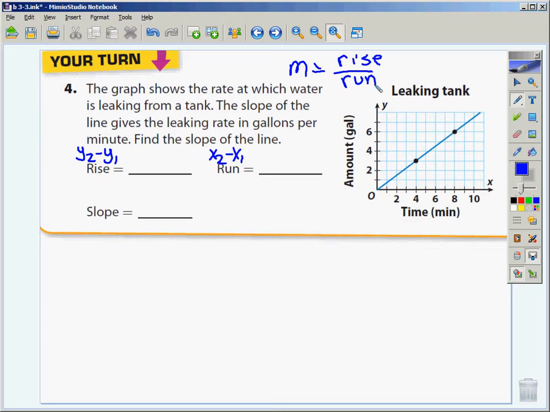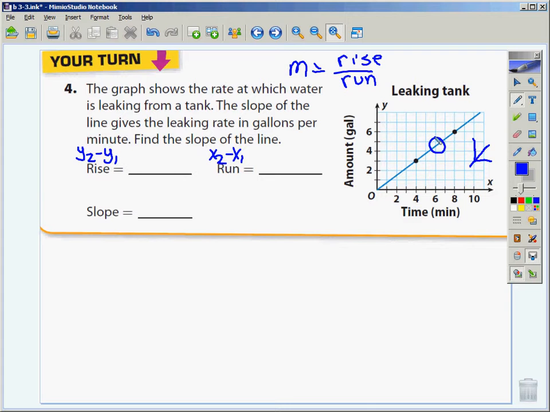You want to pick a point where you can see that it clearly goes through a corner. I wouldn't want to pick this point that's in here, because it misses the corner, doesn't it? Yep.